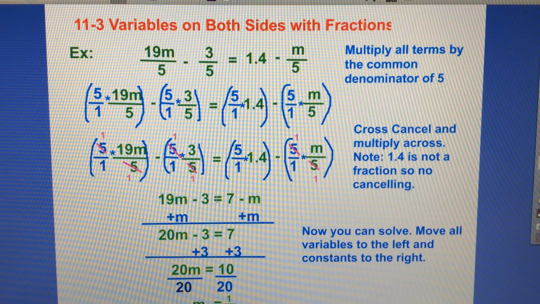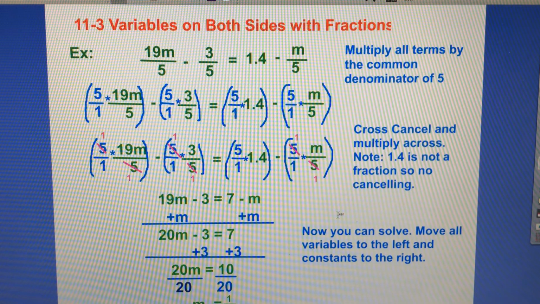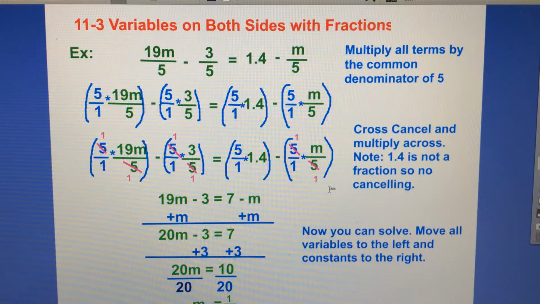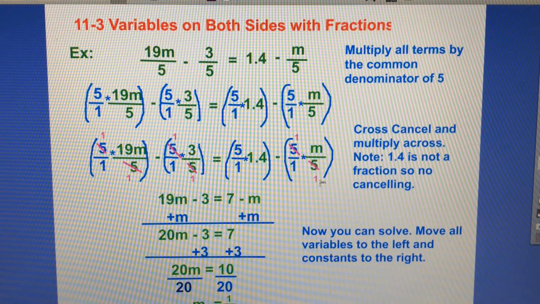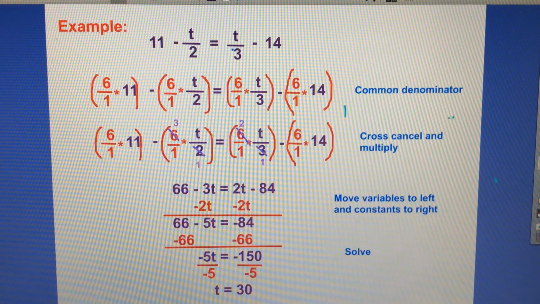And now you can take that equation, move your m's to one side, and solve for m. Very complicated. I'm not going back into it because we've already done this, and this is just me showing you another review. Of course, you can stop the video and look at it, but I just want to give you a chance to review this entire section.